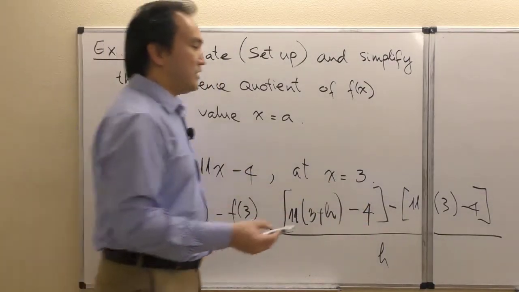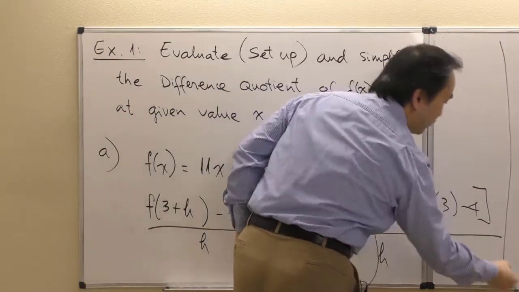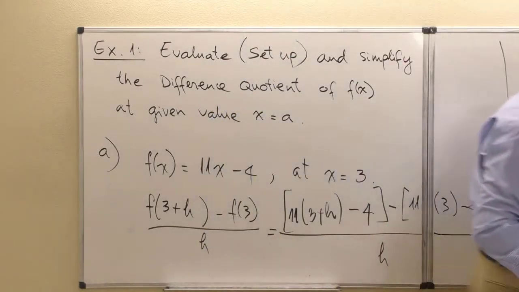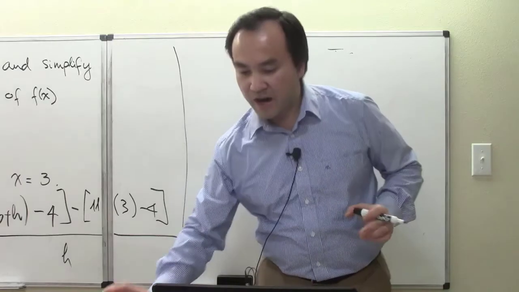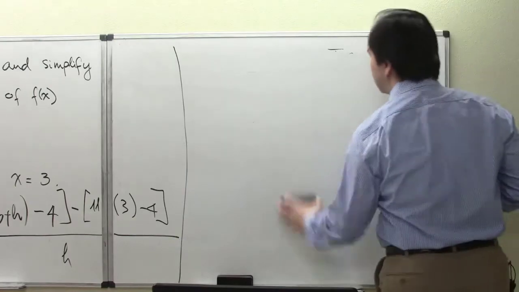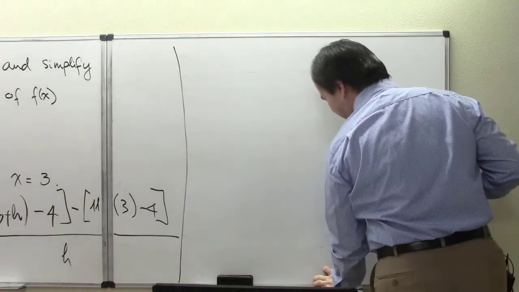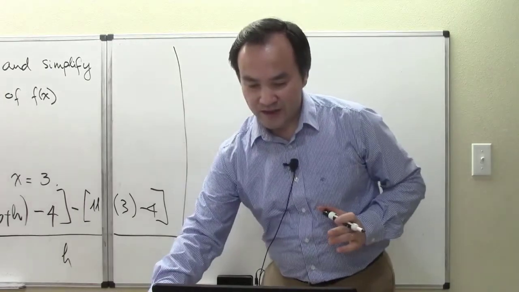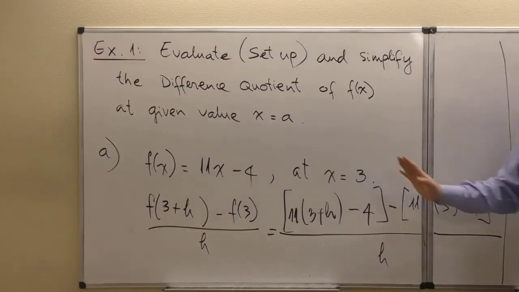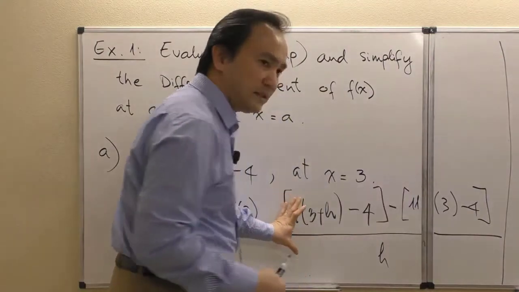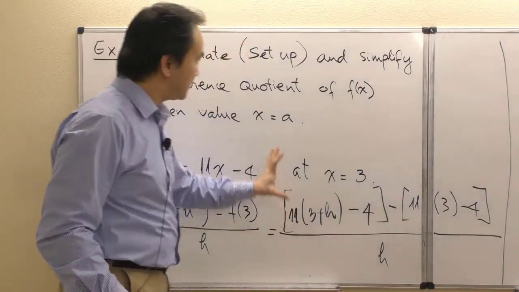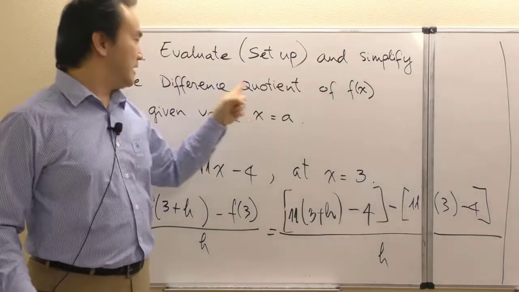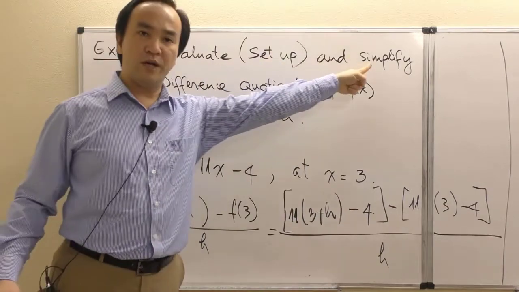Okay, and so now I am going to advance back to my other board to continue with the problem here. In the next step, I have to make clear that as far as the setup, this is already the setup. But the problem wants us to go further. After setting up, we're now going to simplify it.